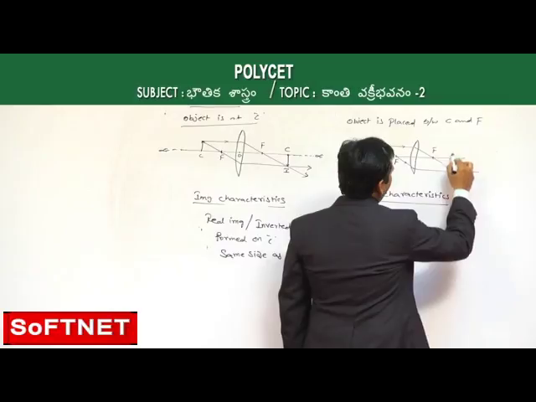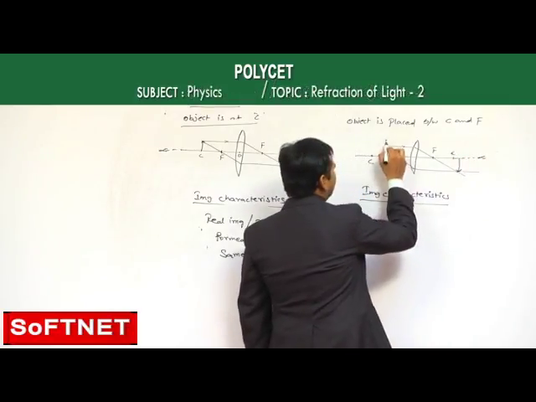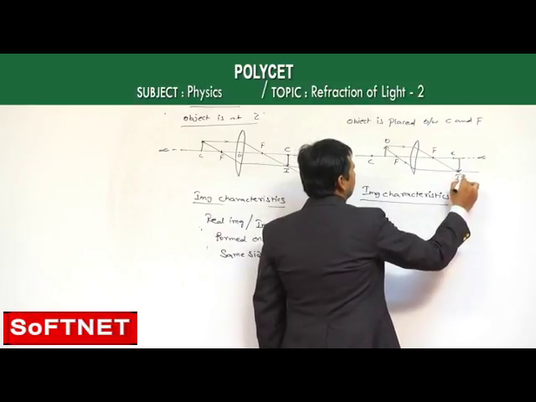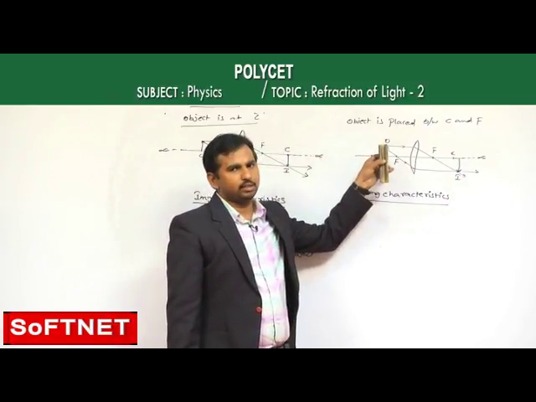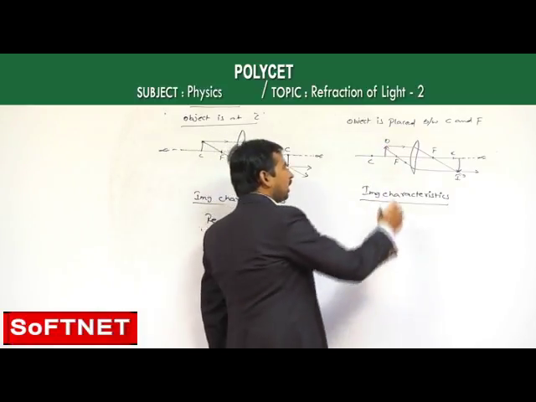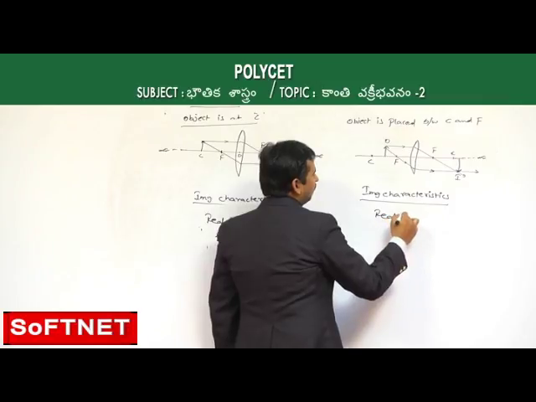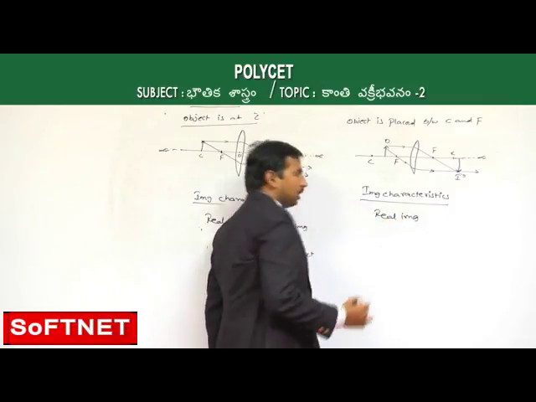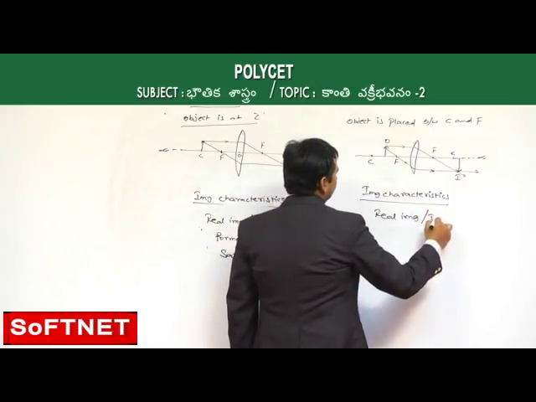Of which here we are getting the image beyond C, and not only that, if you see the size like this, the image size is bigger when compared to the object size. So that's why here, as the light rays are really meeting at a point, the image formed is a real image. And not only that, all the real images are inverted images.